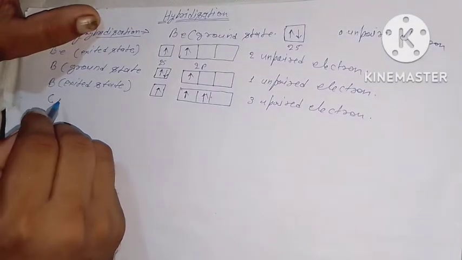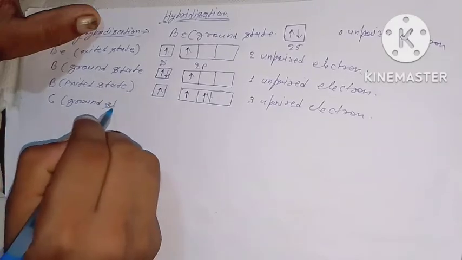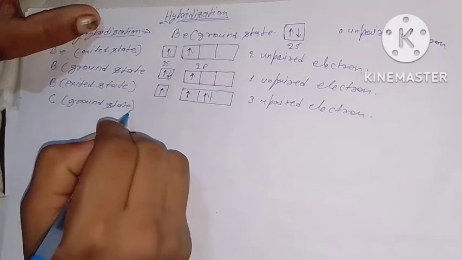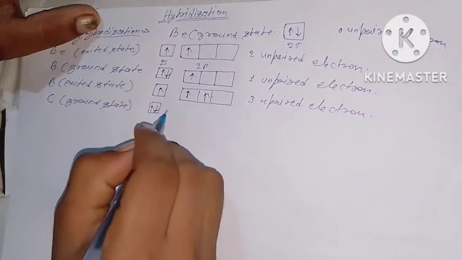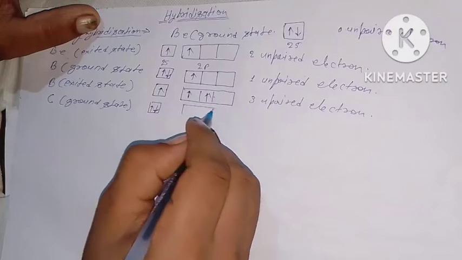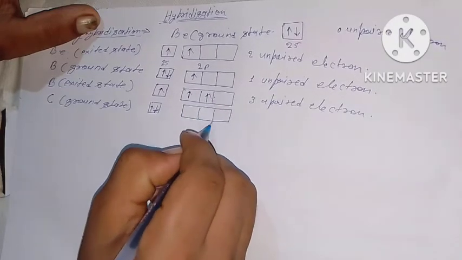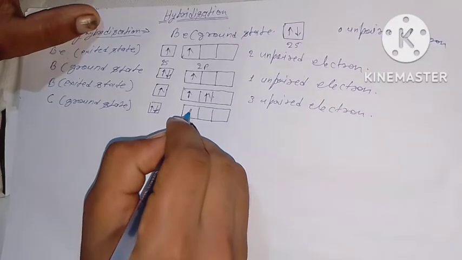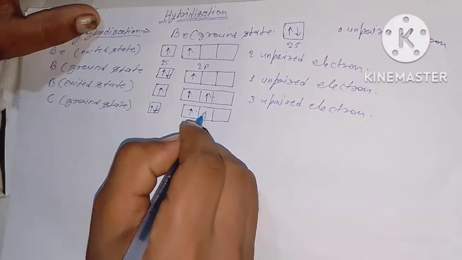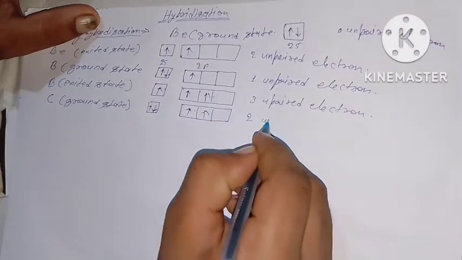Carbon, ground state, 2 unpaired electrons.